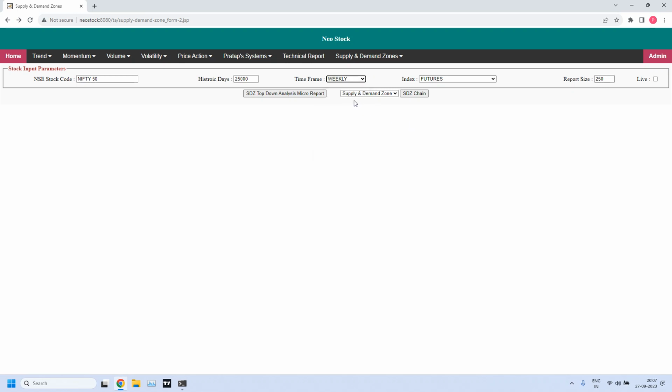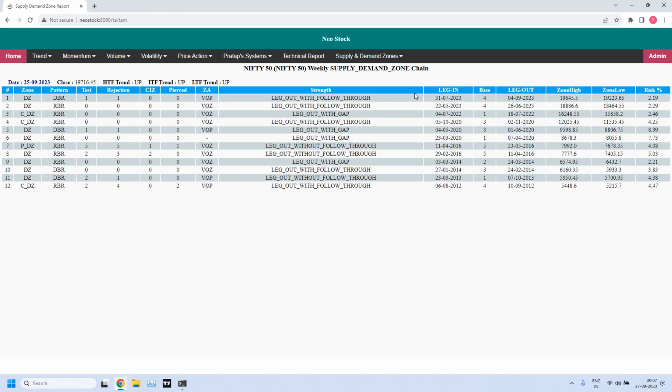Now let us generate the supply and demand zone chain for the weekly time frame for Nifty 50. So the weekly time frame is also in an uptrend. Now for the weekly time frame, ITF, the intermediate time frame, is monthly, and HTF is quarterly.